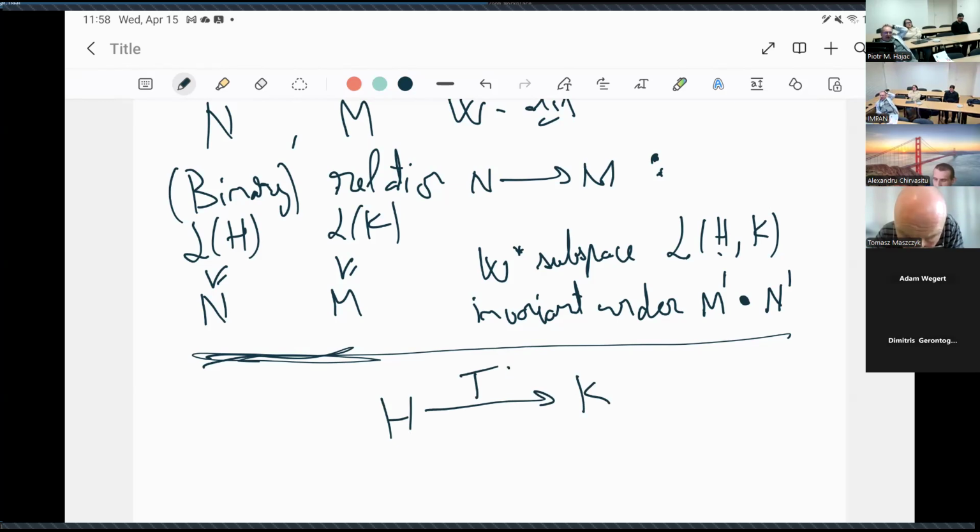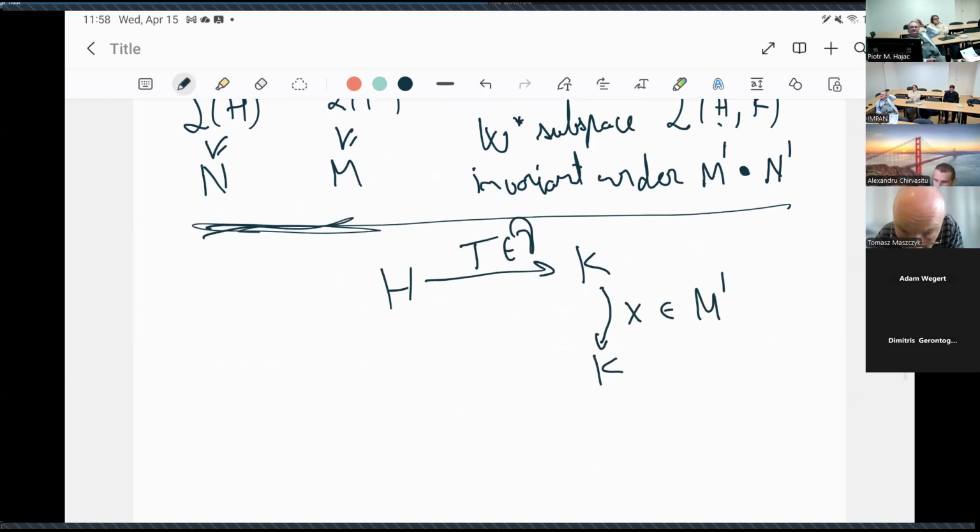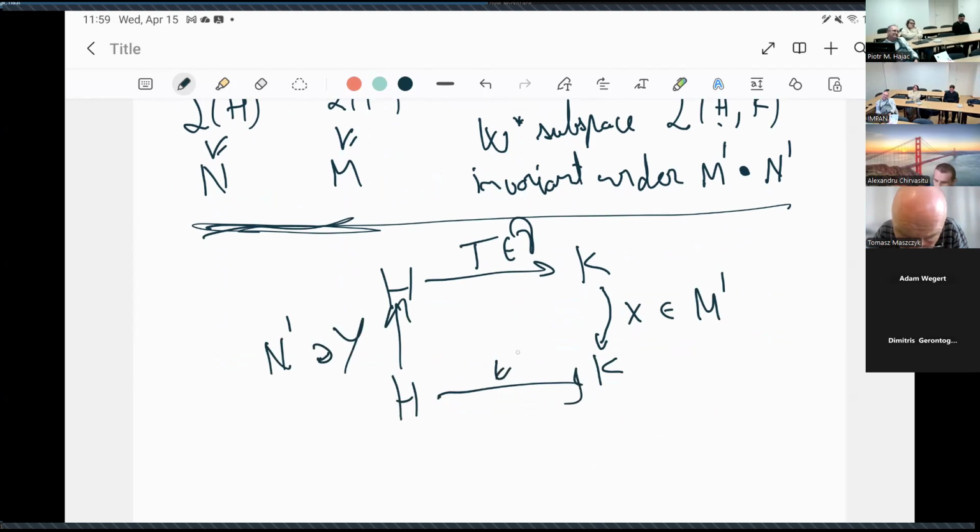So if the operator belongs to your space, let me write V for my relation, if it belongs to the space, and I compose it with an X from M prime, and I precompose it with a Y from N prime, the resulting composition is still in V. This is what I mean.